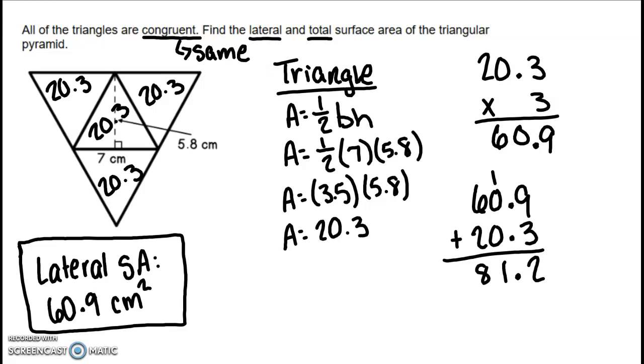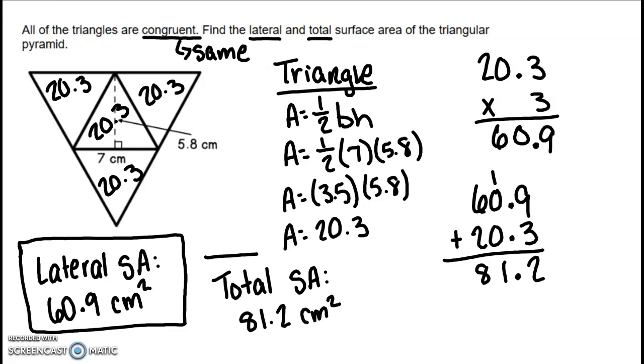So the total surface area for this triangular pyramid is 81.2 centimeters squared. Okay, you need to flip your page over and answer those last 4 questions.